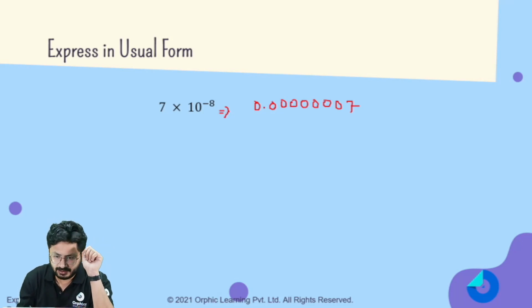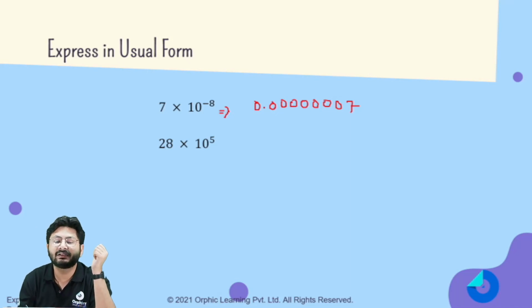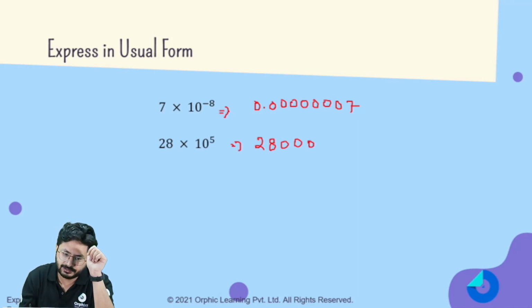Okay, similarly 28 into 10 to the power 5, now the power is a positive number, so we add that many zeros, so it will become 28 and 5 zeros.